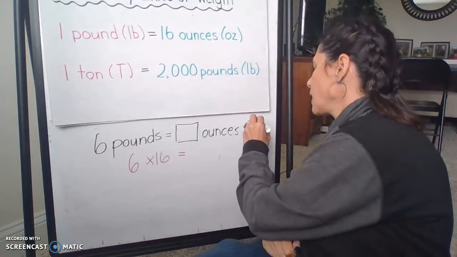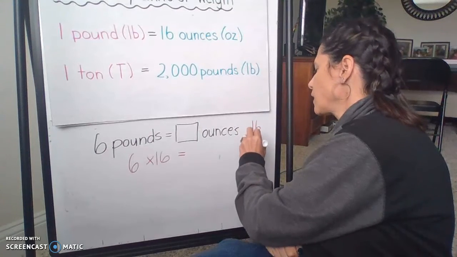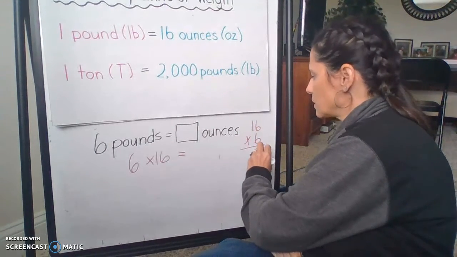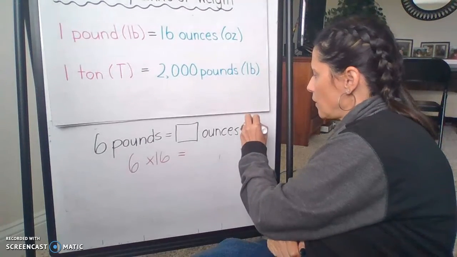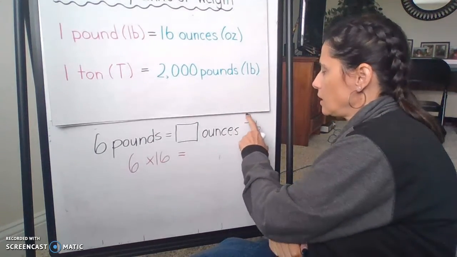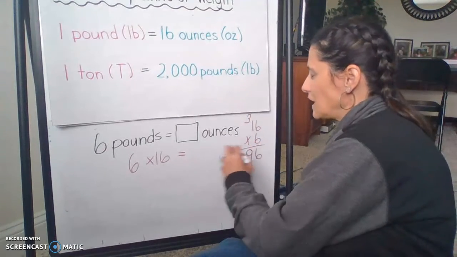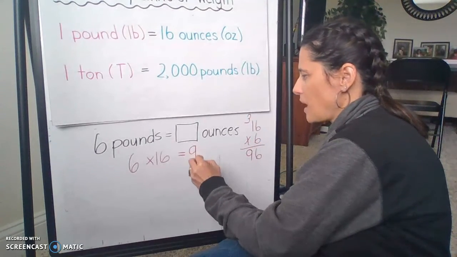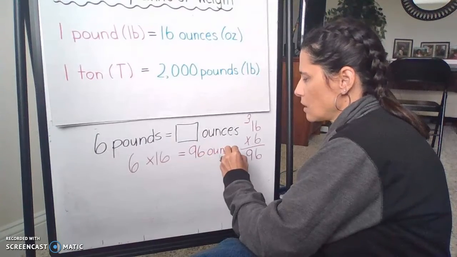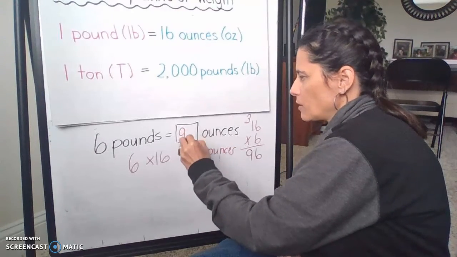Now I like going up and down, so I'm going to come over here and do my think. 6 times 6 is 36. Carry my 3. 6 times 1 is 6. 7, 8, 9. So it's going to be 96 ounces. 6 pounds is 96 ounces. So I put it right up here, 96.